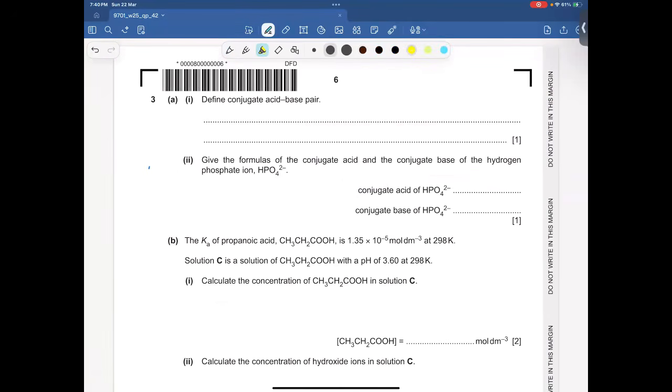The third question is related to ionic equilibria, and that's my favorite. Define conjugate acid and base pair. By the way, a conjugate acid donates a proton, and a conjugate base accepts a proton. So on the basis of that, I can write: a pair which differs by a proton is called a conjugate acid-base pair.